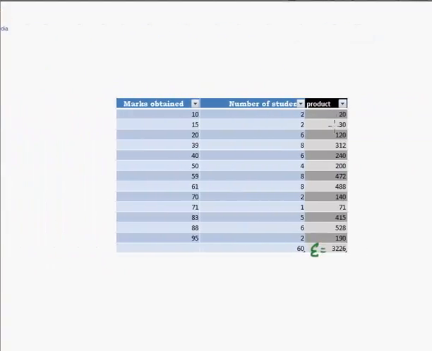So here we have calculated all the products and their total is 3226.